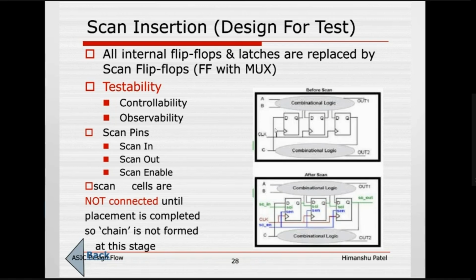Now you need a scan path for DFT. That means like this, scan input. SC means scan input, in shortcut it is written like this. SC in, SC in, SC in, SC out. Finally, this is a chain formation.